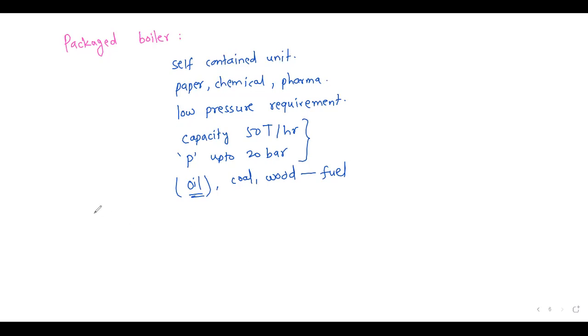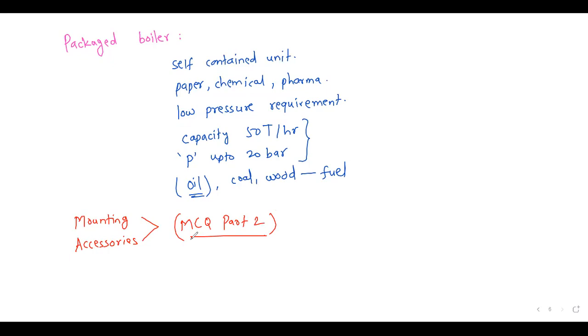is about boiler mountings and boiler accessories. This point I have already discussed in MCQ part 2. If you have not watched multiple choice questions on unit number 2, in part 2 I'm explaining what are mountings, what are accessories, what are the different boiler mountings you should know, and what are the different accessories.